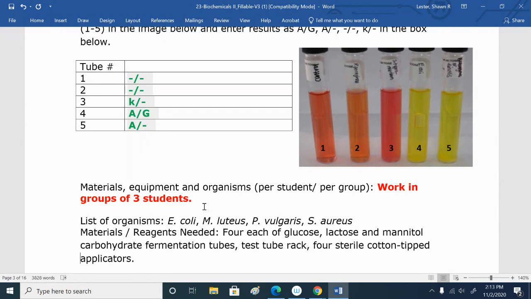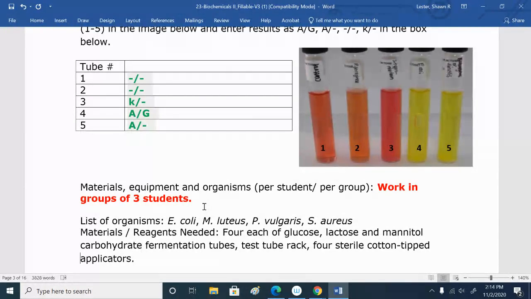What did you learn about Micrococcus luteus? They're obligate aerobes.